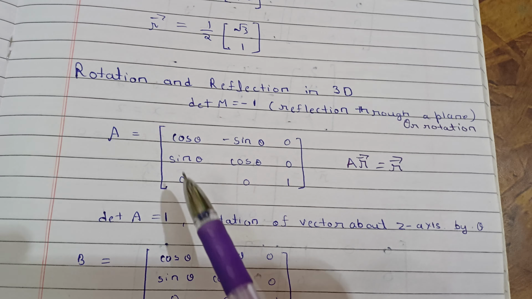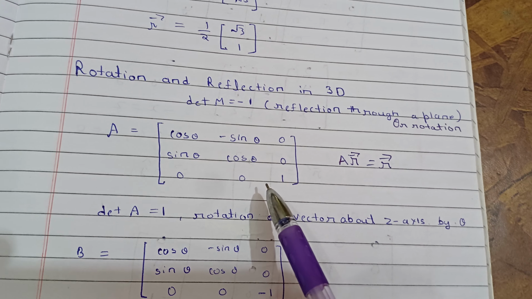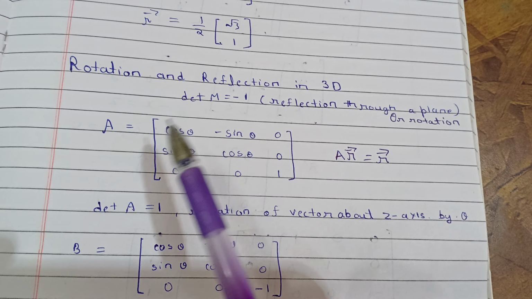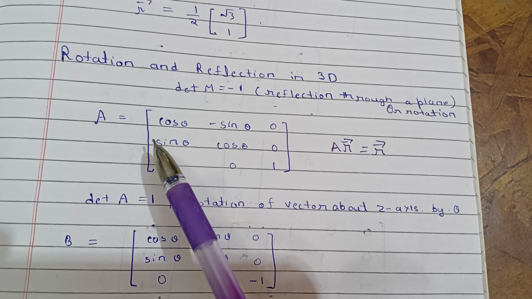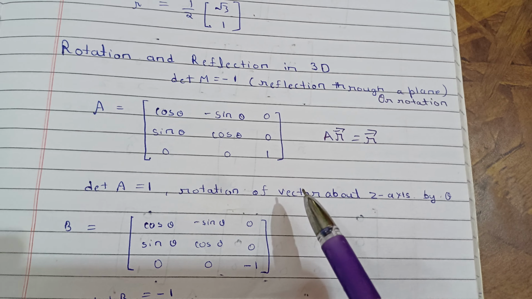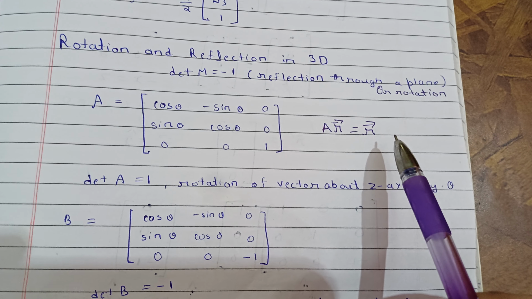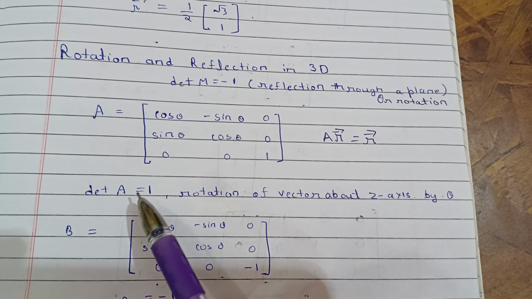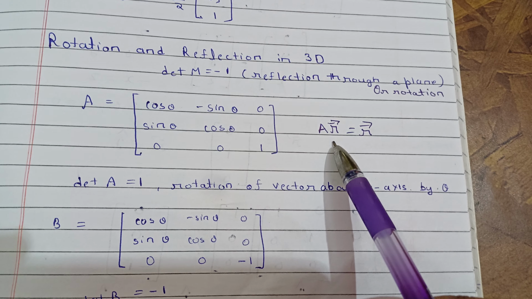Now, you will see the determinant of this matrix is +1. Then we will say that only rotation is involved here, along the z axis, and this theta gives you the angle by which it is rotated. In this case, Ar = r, you will put when the determinant equals 1, and r is nothing but the rotational axis.